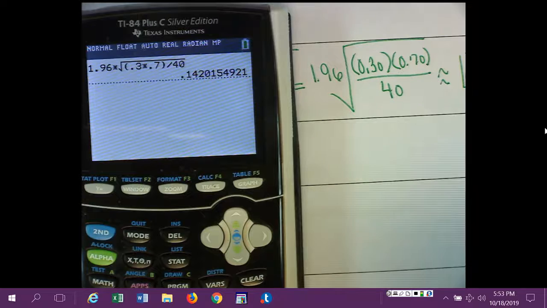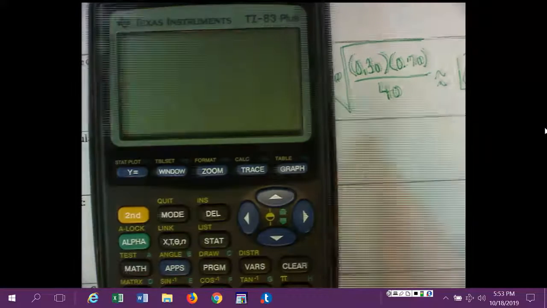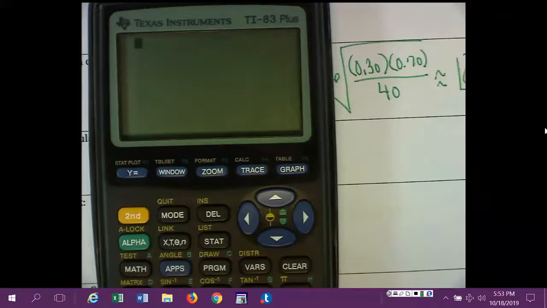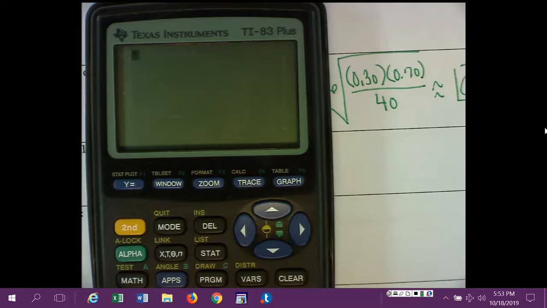For those of you that may need the TI-83, I will show you what you would need to do to plug this in exactly in a more direct way. It's crazy how they differ.